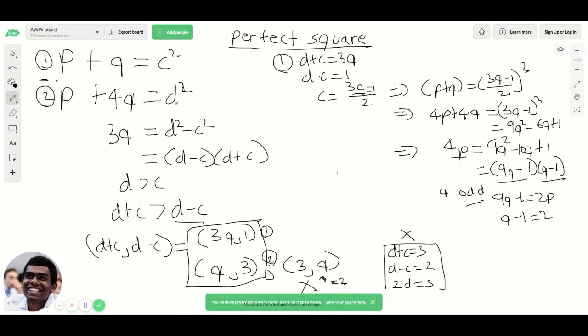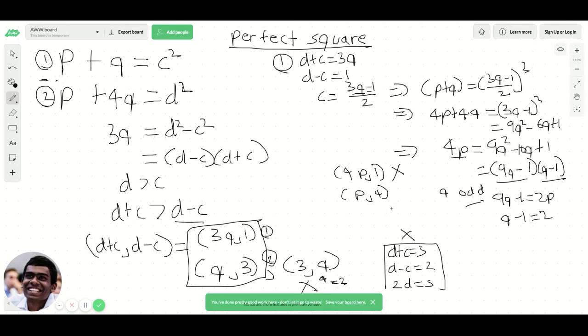The reason is because if you otherwise had that the pairs were equal to, let's say, 4P and 1, or maybe you could argue it could be P and 4. Now, the issue with having 4P and 1 is that Q minus 1 is 1, so Q ends up being even. So that's definitely not possible.